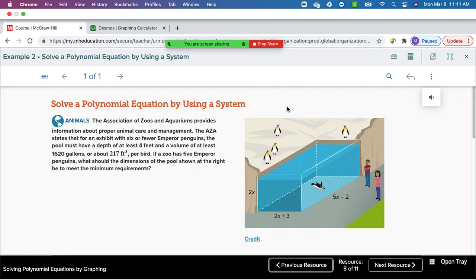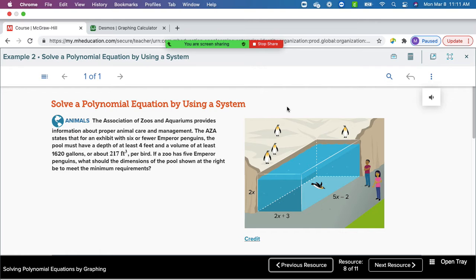If a zoo has 5 emperor penguins, what should be the dimensions of the pool shown at the right to meet the minimum requirements? Okay, so we are talking about volume here.